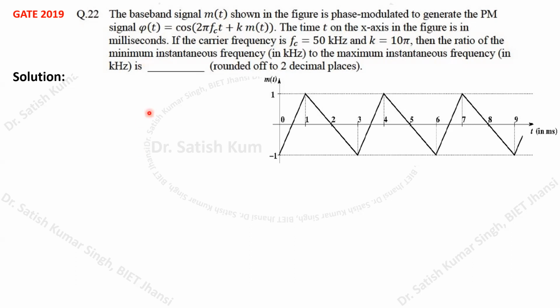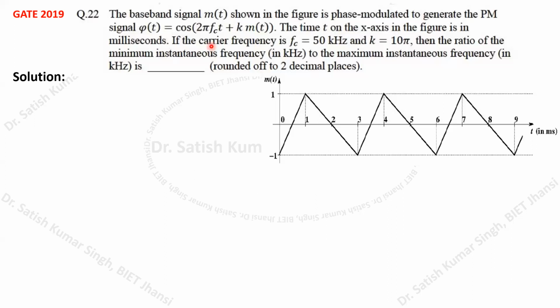Here the baseband signal m(t) shown in the figure is phase modulated to generate the phase modulated signal phi(t) equals cos(2 pi fc t plus k m(t)). The time t on the x-axis in the figure is in milliseconds.